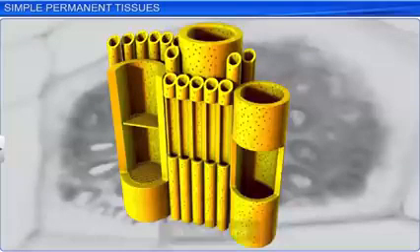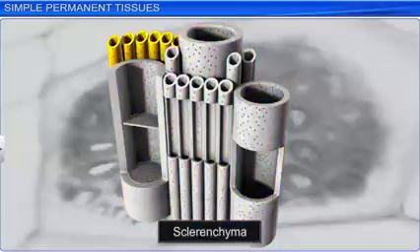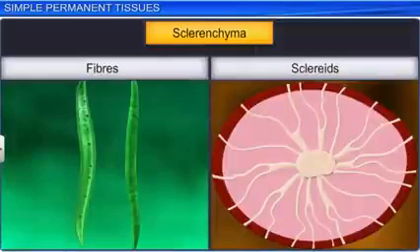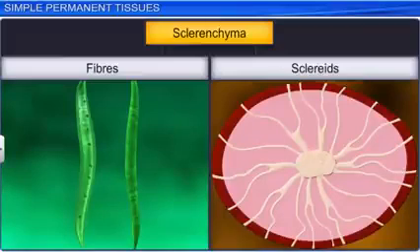The cell walls of sclerenchyma have a few or many pits. These cells are generally dead and without any protoplasts. Based on the variation in form, structure, origin, and development, sclerenchyma tissue can be of two types: fibers and sclereids.